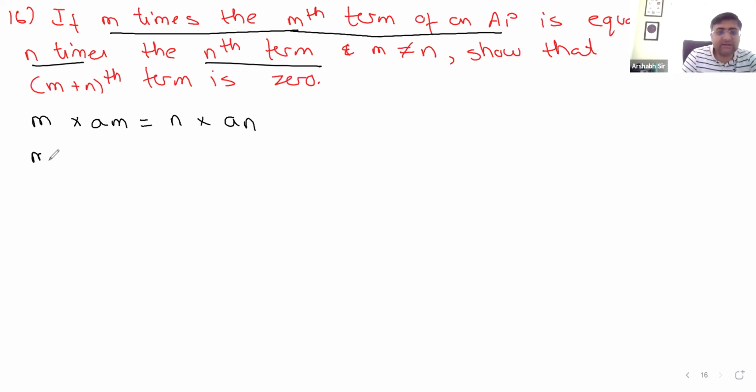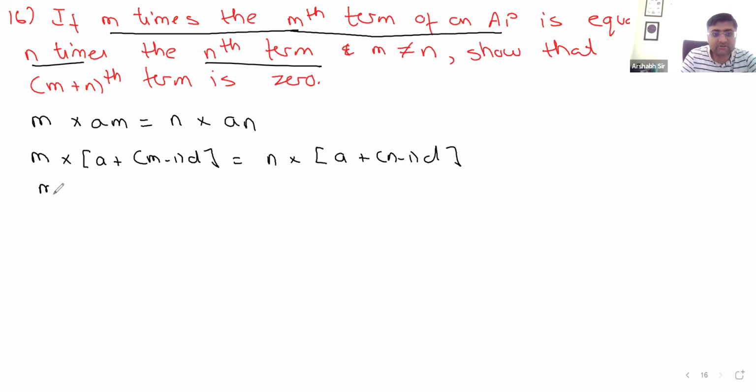So see, m times the mth term, that is a plus m minus 1 times d, is n times the nth term, a plus n minus 1 times d. Right? So m times a plus md minus d is equal to n times a plus nd minus d.